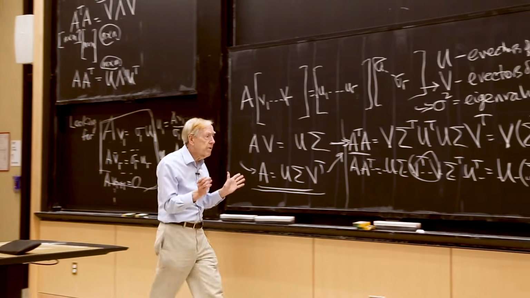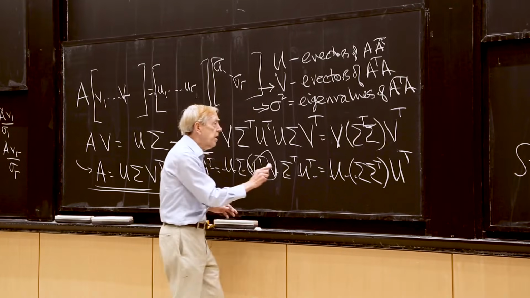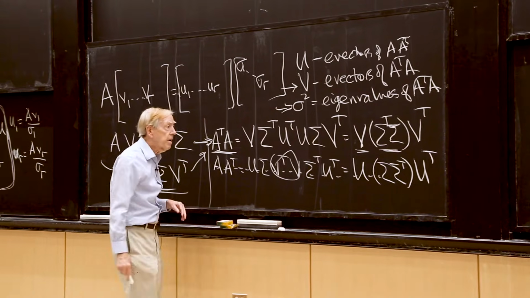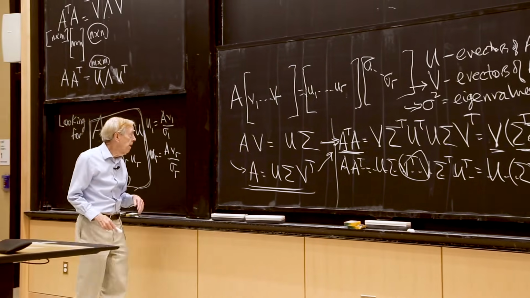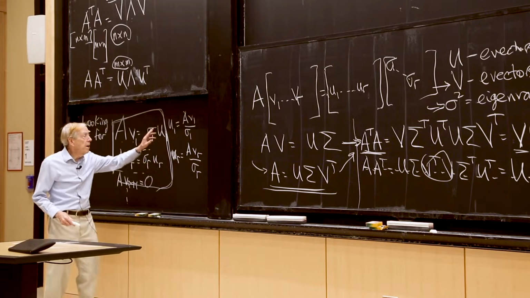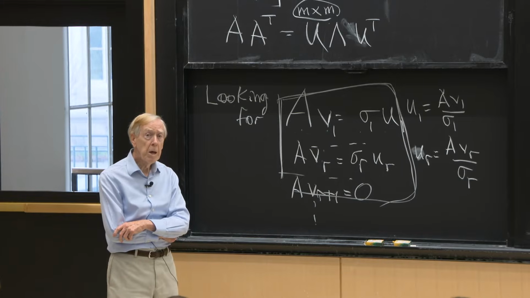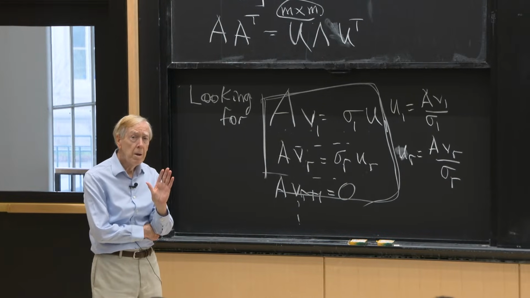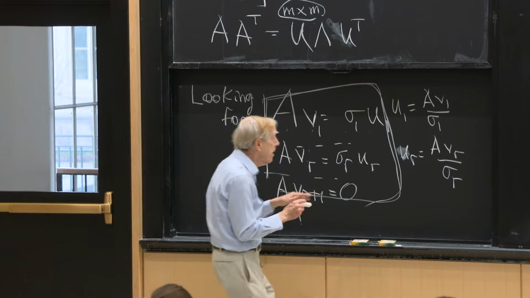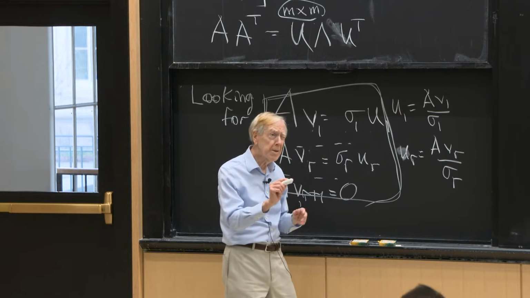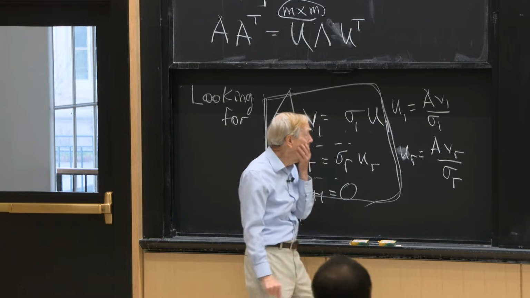They're fixed for A transpose A. The eigenvectors are V's, the eigenvalues are sigma squareds. Okay. And now this is the U I want. Are you with me? I want to get these U's correct, and if I have a whole plane of possibilities, I've got to pick the right one.